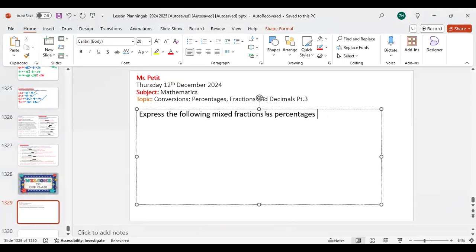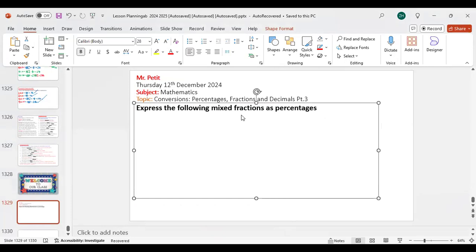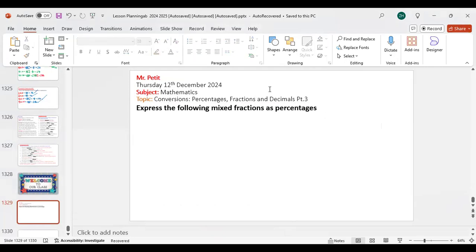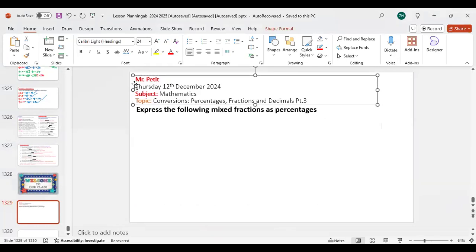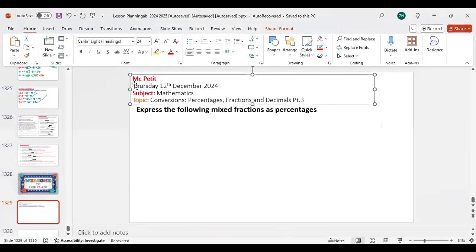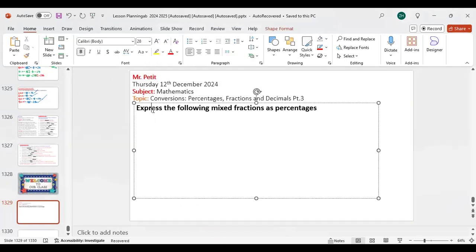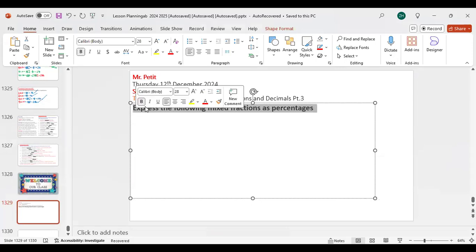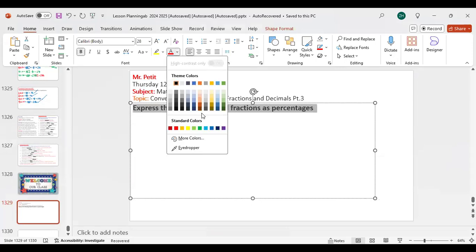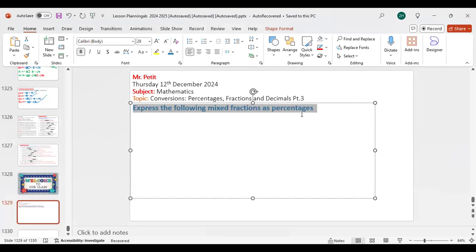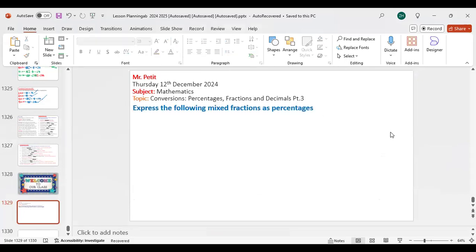Mr. Petit, I'd like to point out that for the last 2 classes on conversions, we do an example, and then right after that is the graded exercise. But I gave you multiple examples now. So we're going to be doing the same thing.